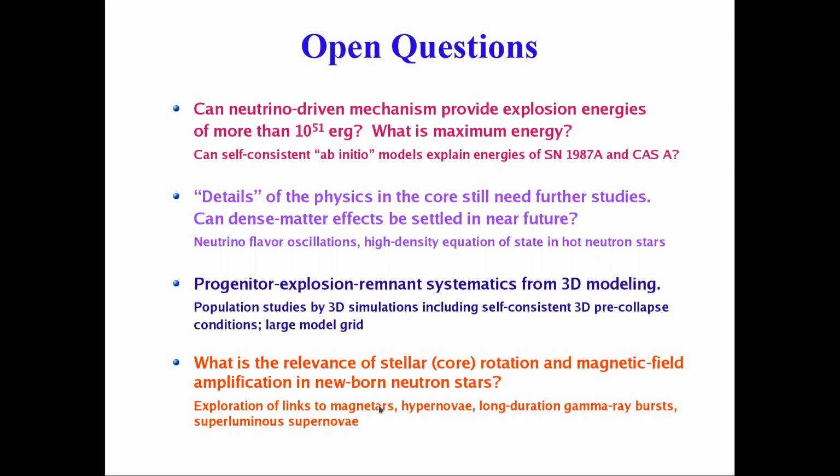Magnetars probably form after the onset of the explosion, and the supernova is an ordinary core collapse supernova powered by neutrinos. It's different for hypernovae, long duration gamma ray bursts, superluminous supernovae. Those events are so extreme in energy, so asymmetric in their appearance, that this cannot be linked to the neutrino-driven mechanism.